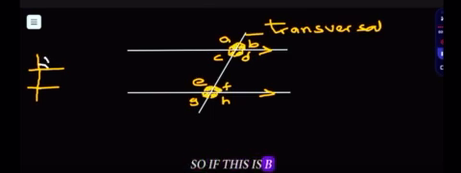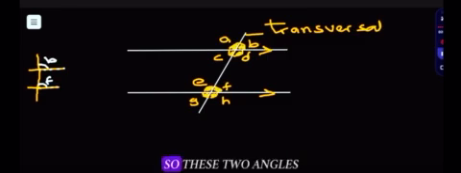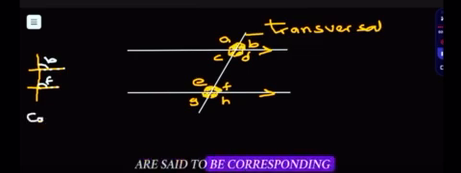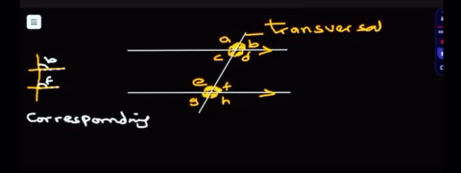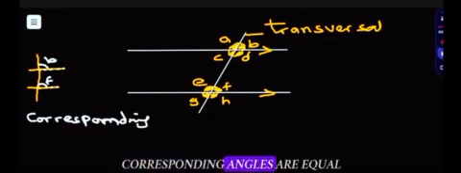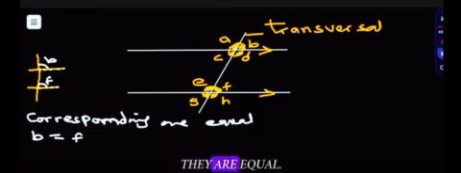So if this is B, which is above this straight line, and this is F, also above this straight line, these two angles are said to be corresponding angles, and corresponding angles are equal. So B is equal to F.